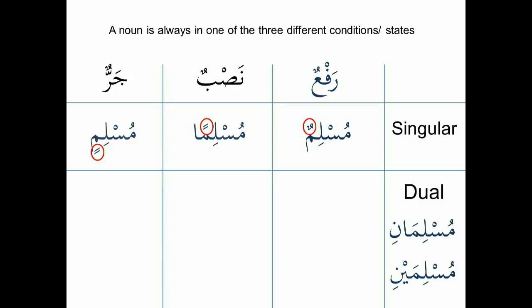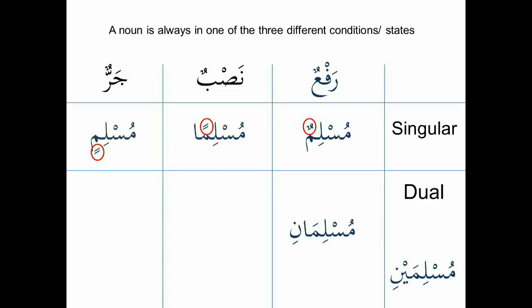You with me? Okay. So you're watching Muslimani, he's going to travel now. Muslimani is raf'un. Muslimani is two Muslims in raf.